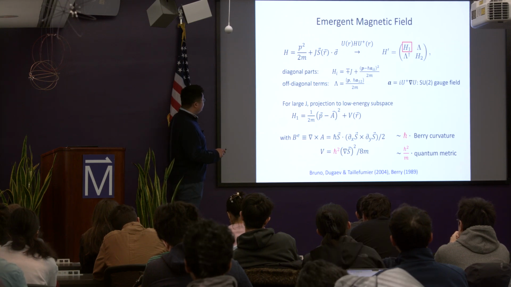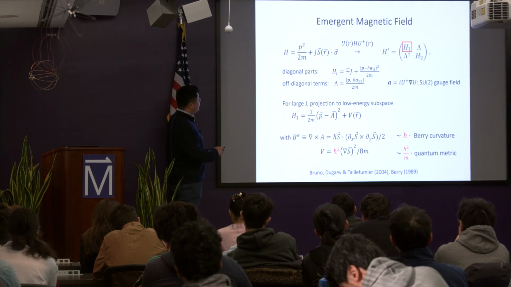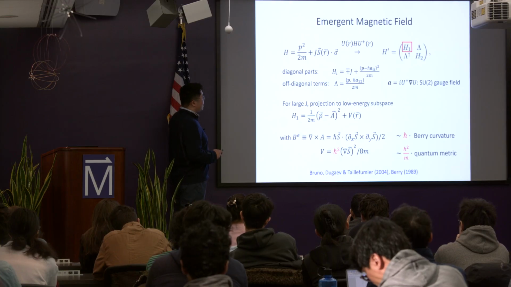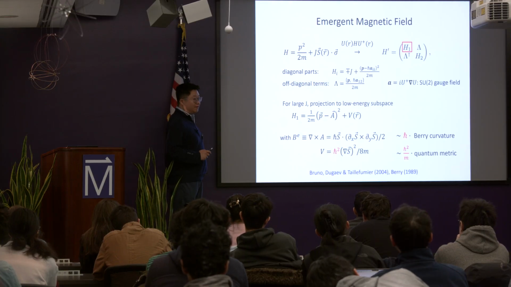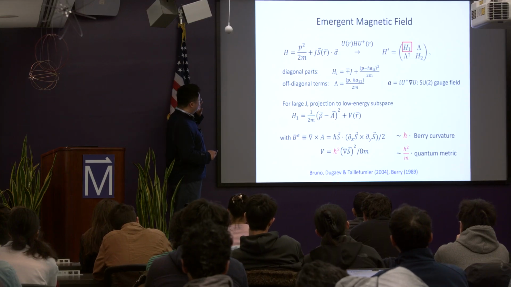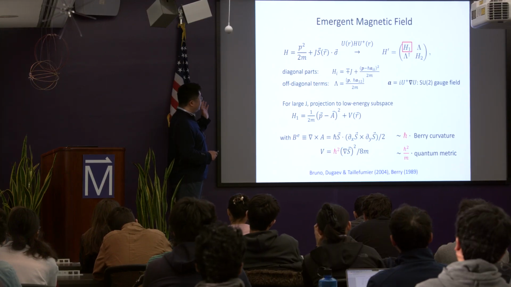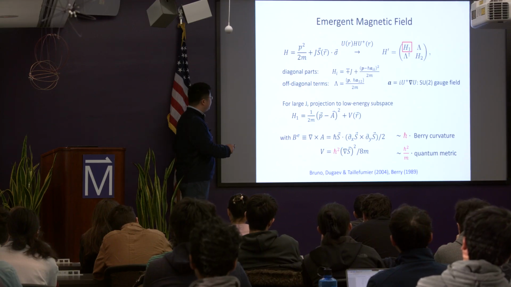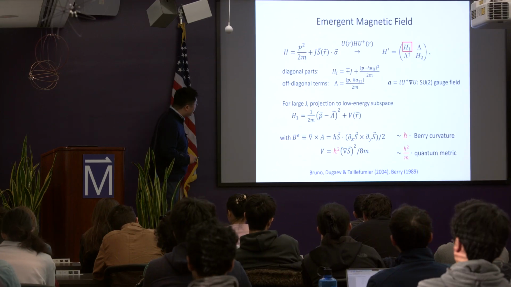It's a spin-1/2 particle, and it moves in the background of a Zeeman field, and S(R) is the classical background Zeeman field. It varies spatially. In particular, the orientation of the Zeeman field is spatially varying. So this is the Hamiltonian I'm going to start with.